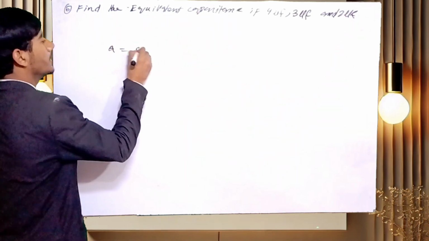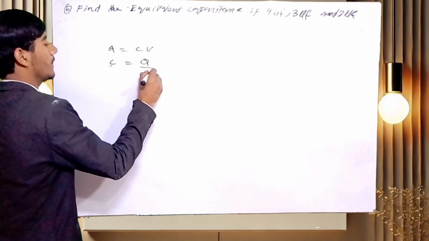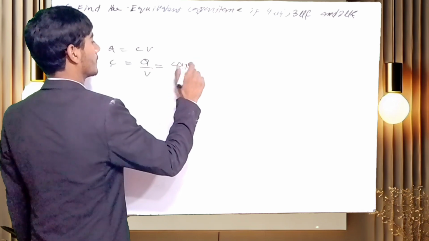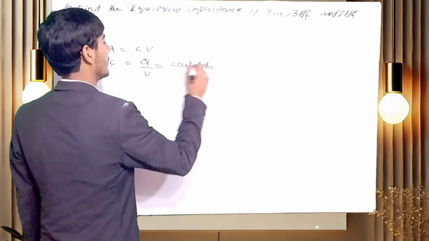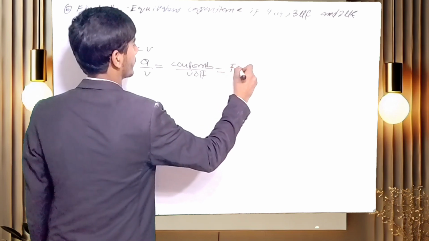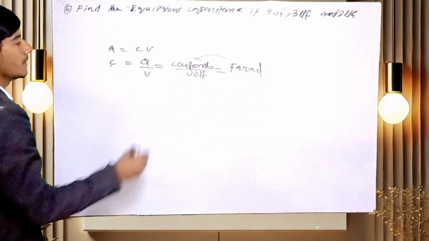Q is equal to CV, so C is equal to Q upon V. Charge in coulomb per volt. Coulomb per volt is equal to farad. So farad is equal to coulomb per volt.